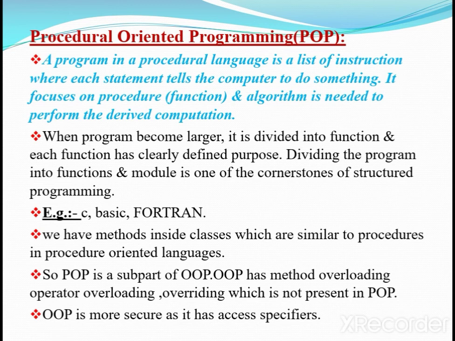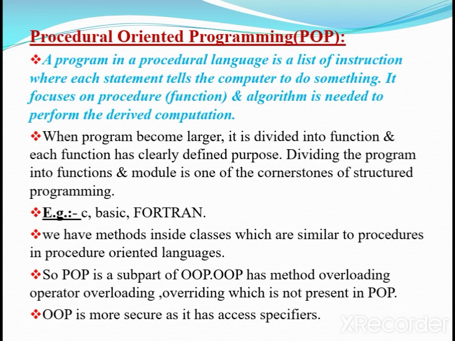In POP, importance is given to the procedures and the way they are organized and the data flows through them. While in object-oriented languages, the focus is basically on objects. Here in POP, when a program becomes larger, it is divided into functions, and each function has a clearly defined purpose.